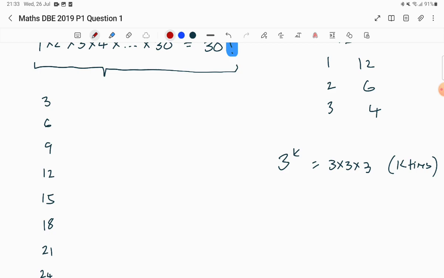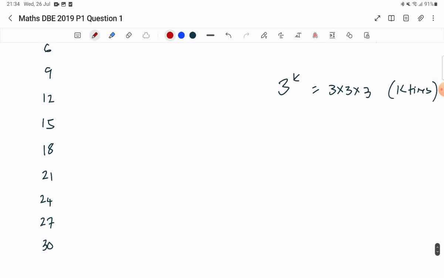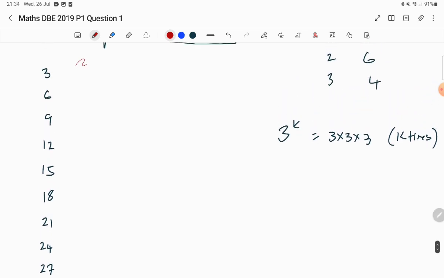So 3 is 3 to the power 1. 6 would be 3 times 2. 9 would be 3 squared. 12 is 3 times 2 squared. I'm breaking each multiple of 3 in 30 factorial into its prime or simplest factored form.